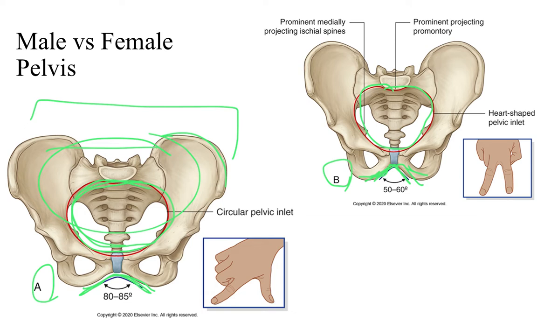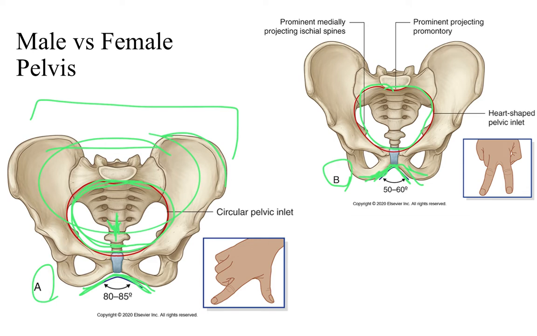All right. If we were to look at these at a slightly different angle, we'd also notice that the sacrum and the coccyx of the female are more pointed posteriorly, whereas in the male they're more pointed anteriorly. Again, to give more room and space for the birthing process in females, and males aren't going to generally need that.